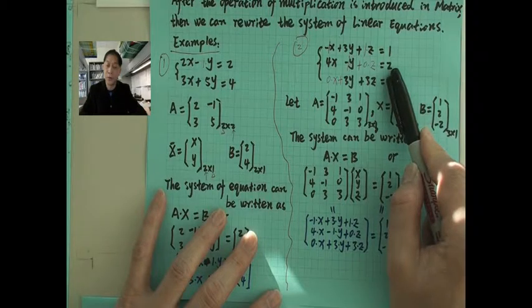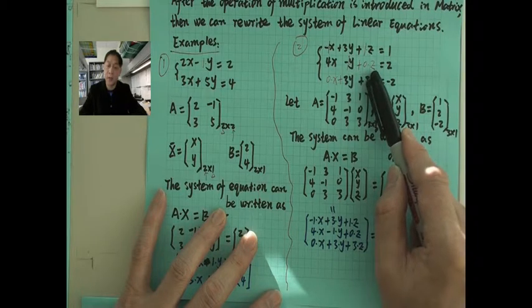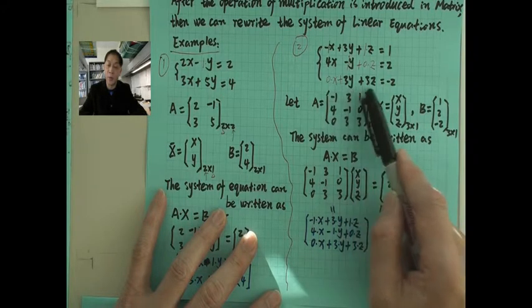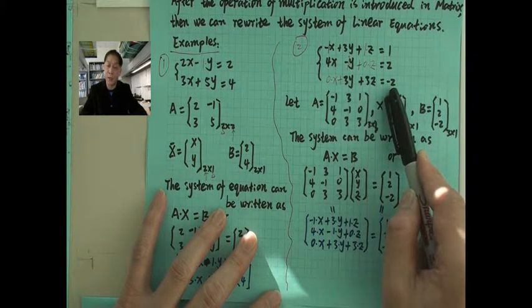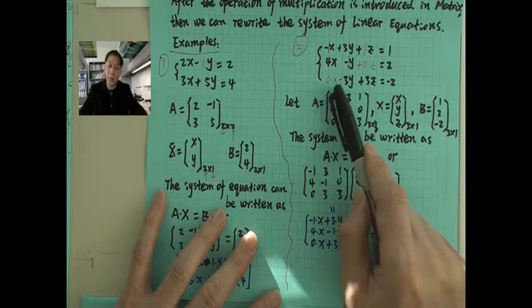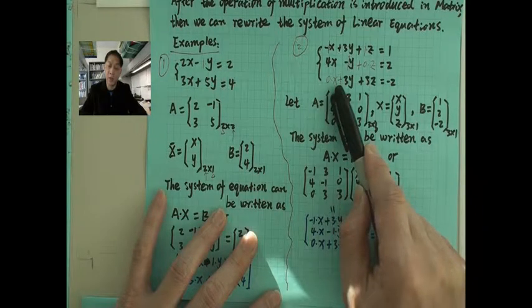If z does not appear, it means 0 times z, so you don't need to write it here. And then here is 3y plus 3z equals negative 2. Here there is no x. That means it's 0 times x, so the coefficient of x is 0.